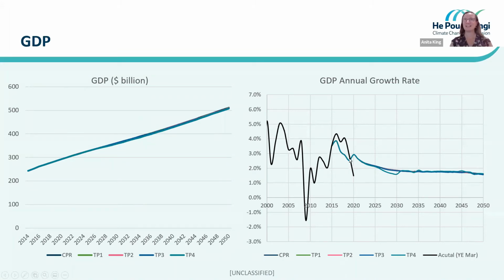So the coloured lines, as before, are what come out of CPLAN. CPLAN's base year is 2014, and that's to do with the GTAP data, because we've got to get all the data, not just from New Zealand but internationally, into a useful format. The latest data available from GTAP is 2014, and then we project over time.